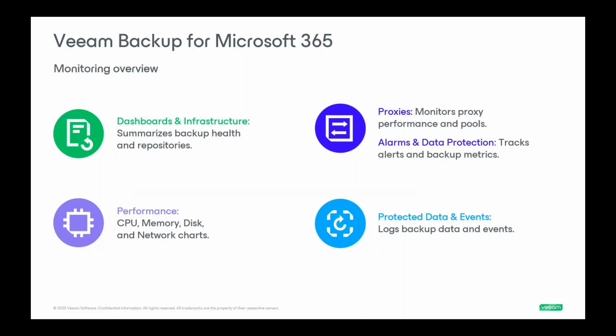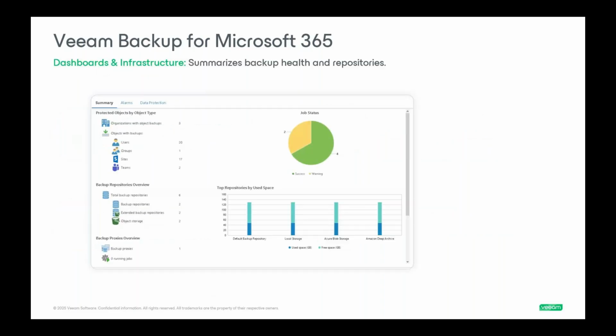What the M365 view looks like here is similar. We try to keep it universal across the board, so you don't have to keep learning something every single time. So we're looking at jobs with users, groups, sites, teams, as well as the repository status.